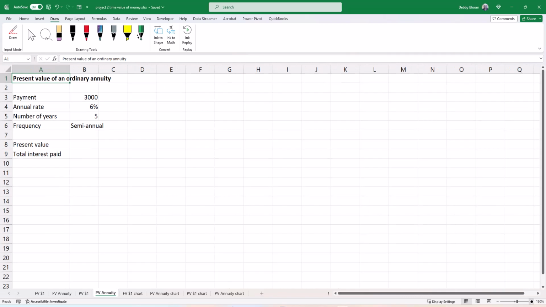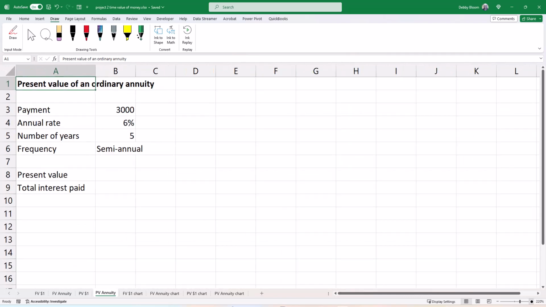We are now down to our last problem, which is the present value of an annuity. With the present value of an annuity, this is kind of like if you know what kind of car payment you can afford, how expensive a car are you buying? So in this problem, we're making payments of $3,000 semi-annually for 5 years at an annual rate of 6%.